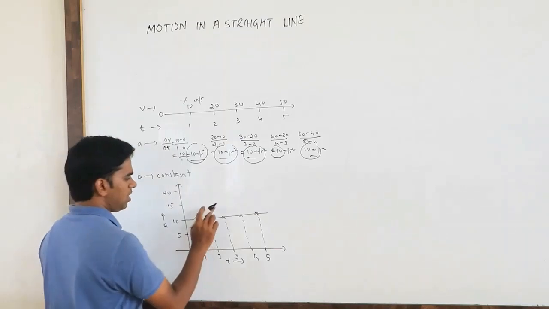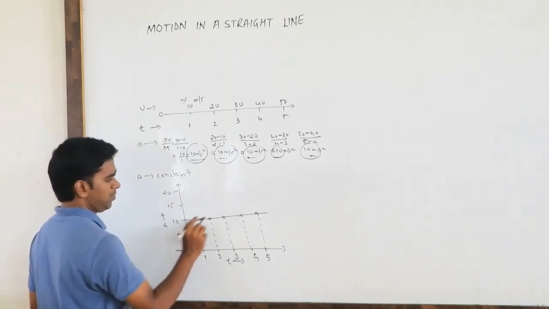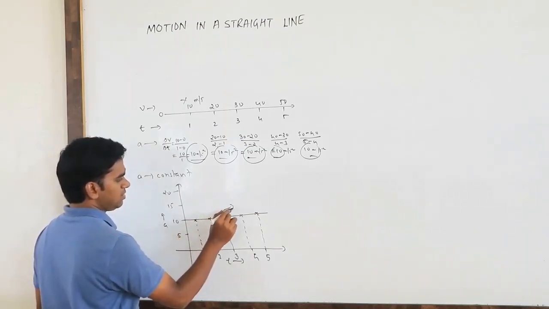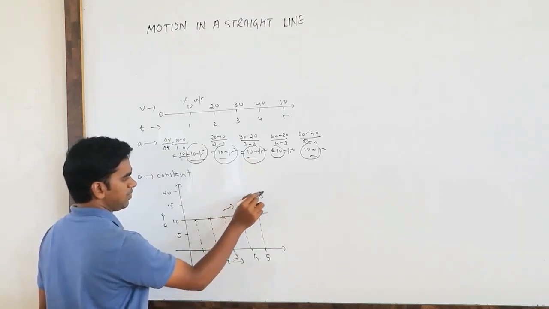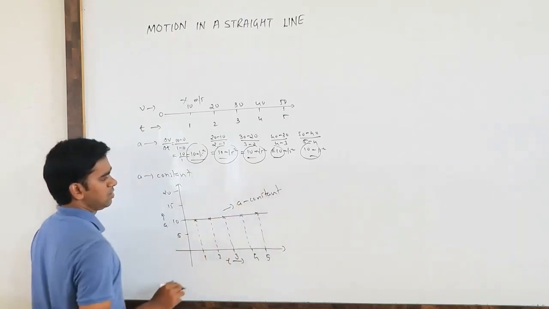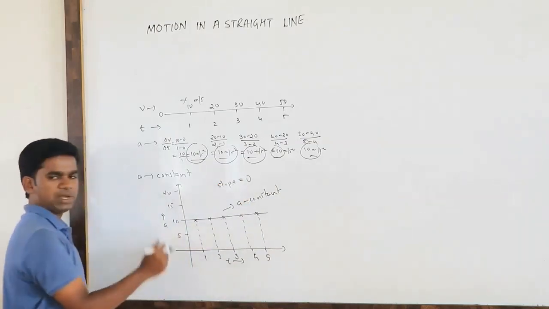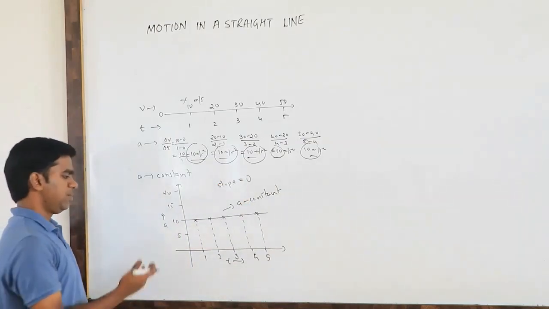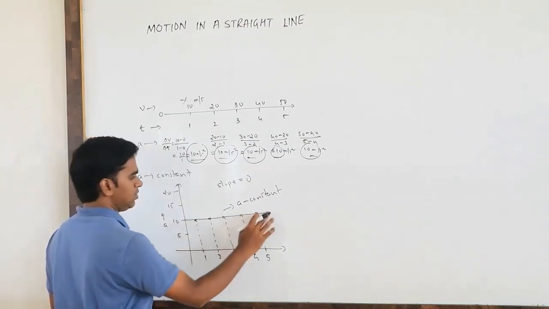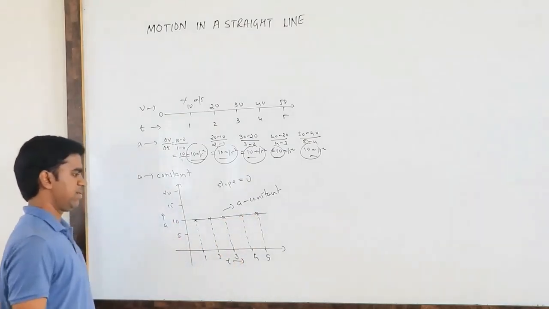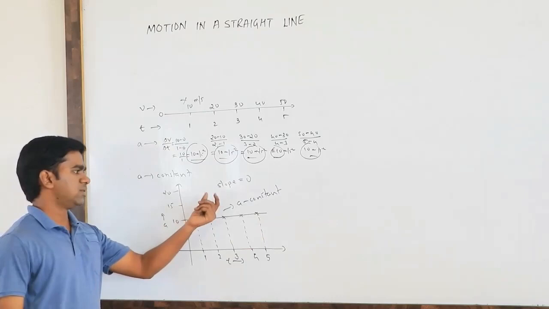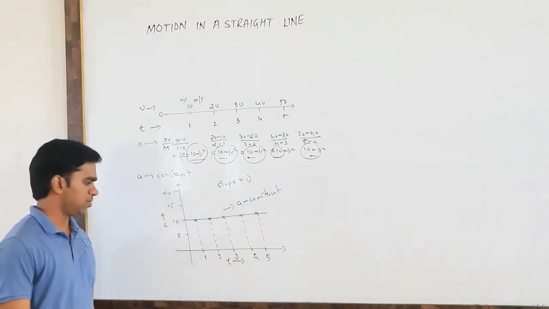So what is this showing? Acceleration is constant. The slope will become 0, because you cannot calculate slope over here. You may calculate area under the curve, but the slope is going to be 0.